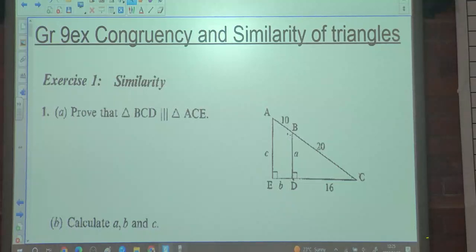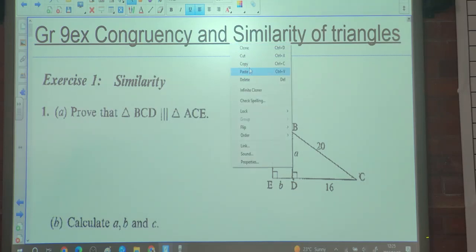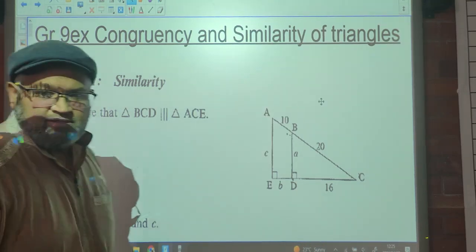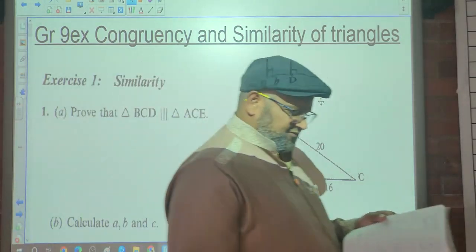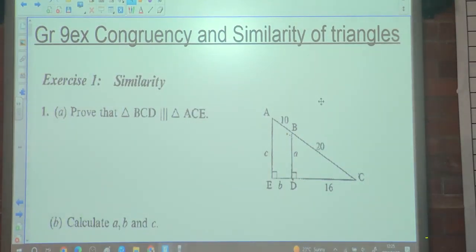Okay, good morning class. So today we're looking at the exercise congruency and similarity of triangles. Let's copy this. This chapter is chapter 14.